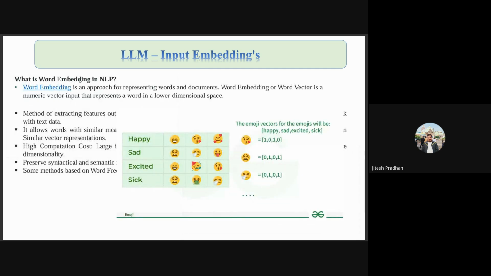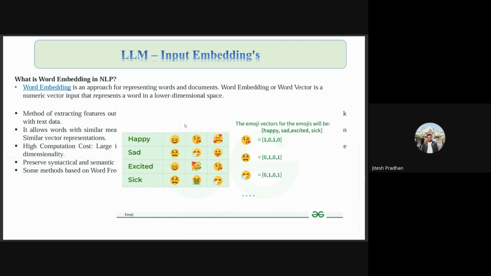This embedding will be given as an input to the model. Now, what is a word embedding in NLP? I have already discussed one-hot encoding and everything, so I'm skipping this. Word embedding is an approach for representing words and documents in the form of a numeric vector. Let's say happy, sad, sick or excited: each will look like this.